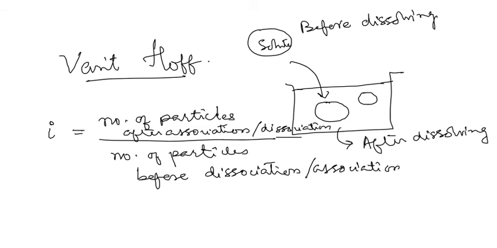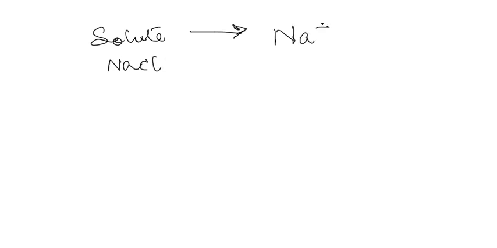Now if we look at this case, let's say we have taken a solute which dissociates into two particles. For example, the solute is sodium chloride. Sodium chloride in the solution will dissociate into sodium ion and chloride ion.